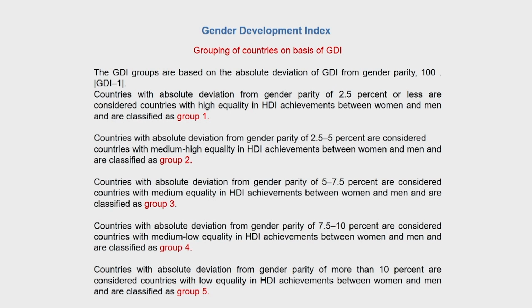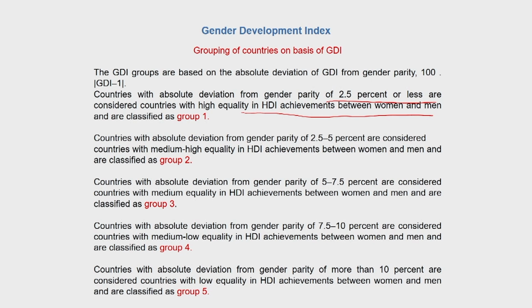So GDI minus 1. So countries with absolute deviation from gender parity of 2.5% or less are considered to be countries with high equality in HDI achievements between women and men. So that's group 1. Group 1 are the high HDI achievements among both women and men, and there is more gender parity among them.